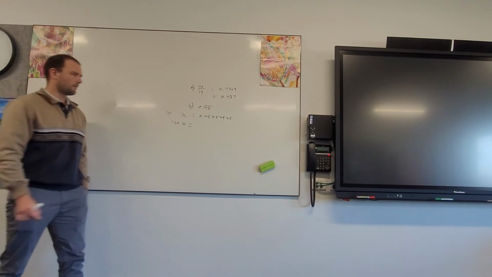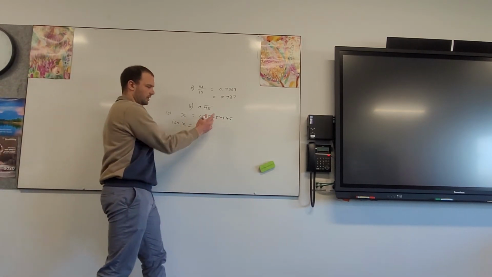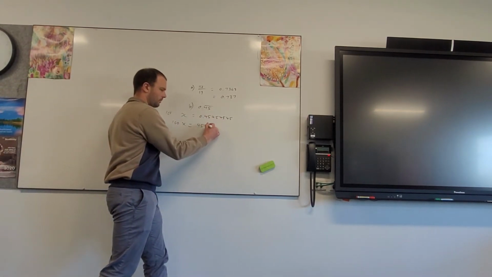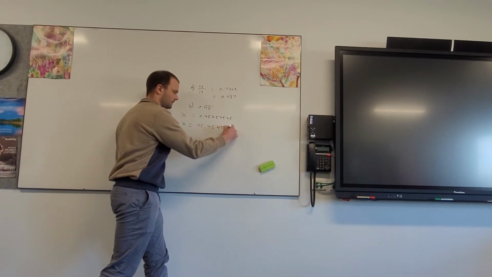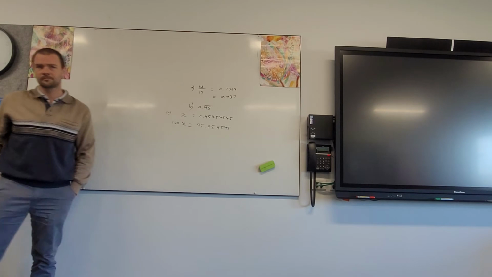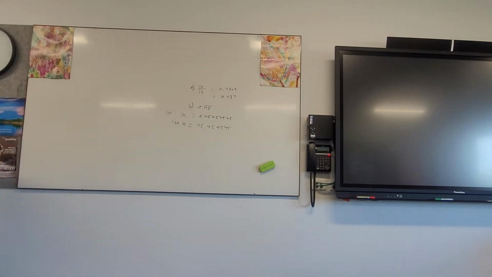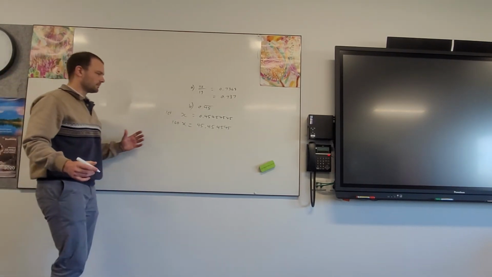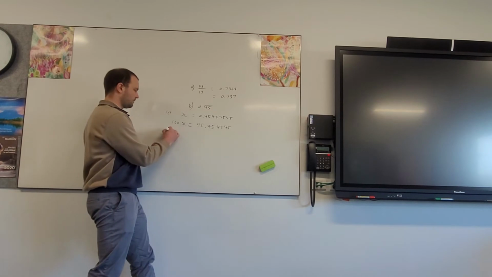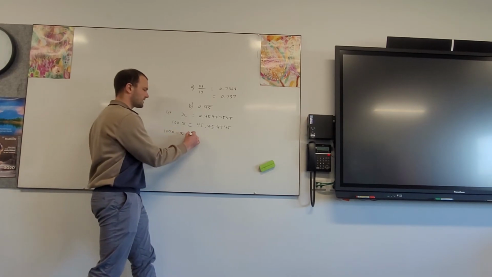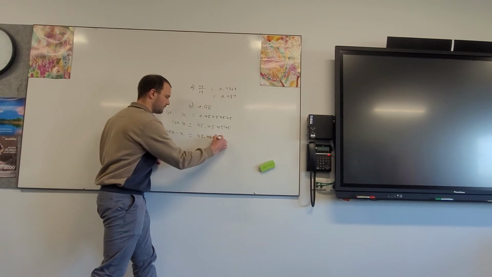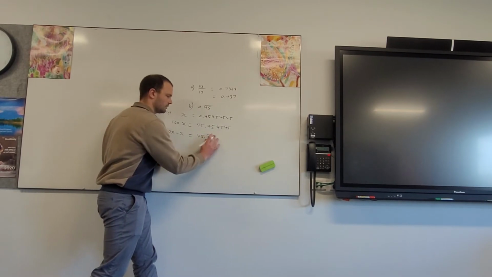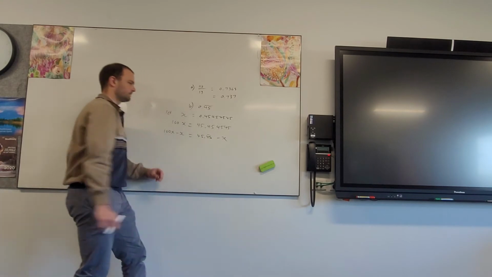If I multiply this side by 100, it's going to be 45.4545 recurring. Alright, so watch this clever thing here. And then I'm going to take away x from both sides. So I've got 100x take x, and I've got 45.4545 recurring, take x.